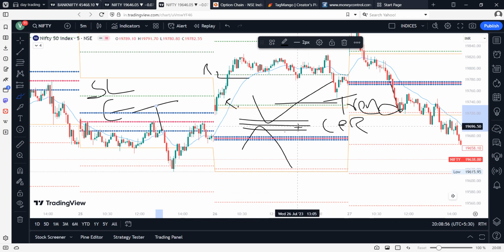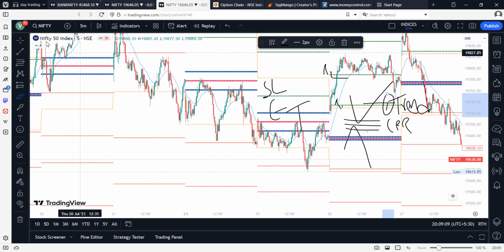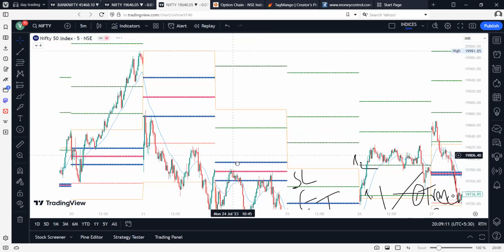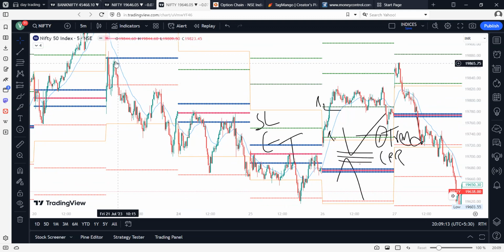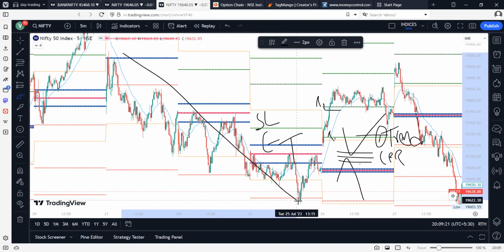Now you have to know about the trend. First of all, knowing the trend is like when the index is trading lower and lower for a period of time. For example, 4 to 5 days it is trading lower and lower. For example, on these 3 days the index is trading lower and lower till this day.